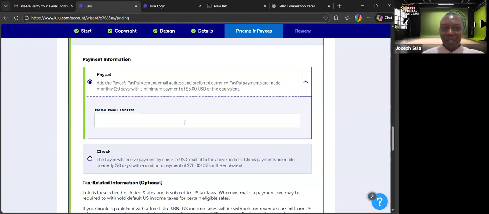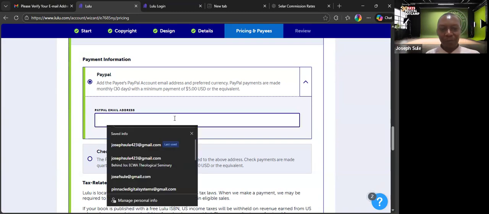So Lulu will link the email that you have in their system with the same email that you have in PayPal, and then there will be a transaction. But once you have two different emails, Lulu will never pay PayPal with that email. As far as it is concerned, it is not you. So you go to PayPal, create your account using the same email that you used to create Lulu, and then you come and drop the email here.